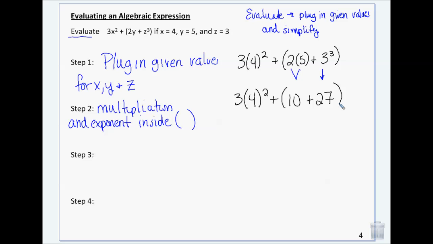Now, I could have also done this exponent at the same time because it's completely separate, but I didn't. So next, I'm going to add inside the parentheses, and I'm going to do the exponent outside of the parentheses.